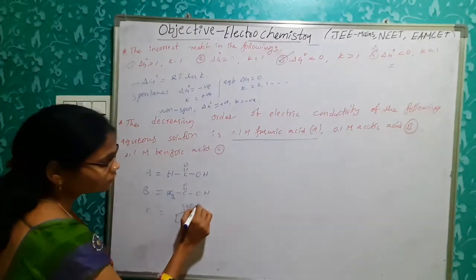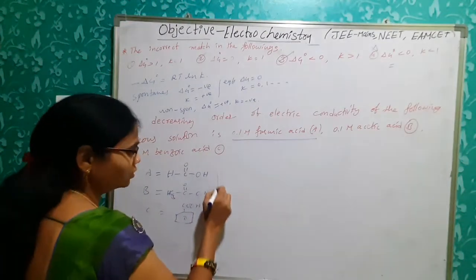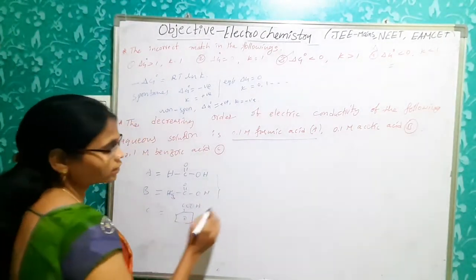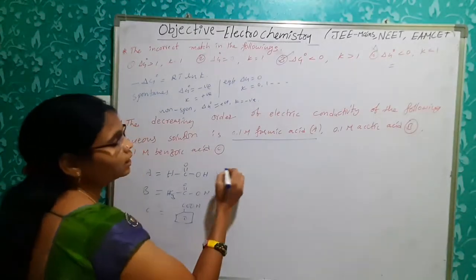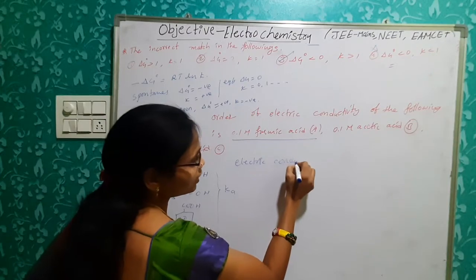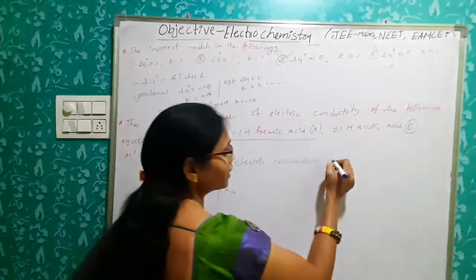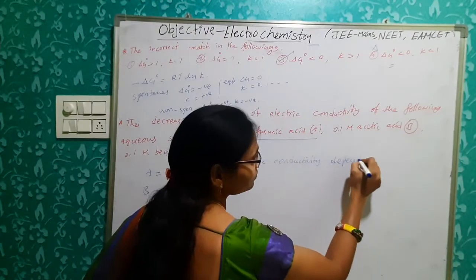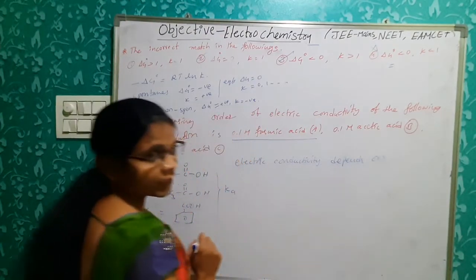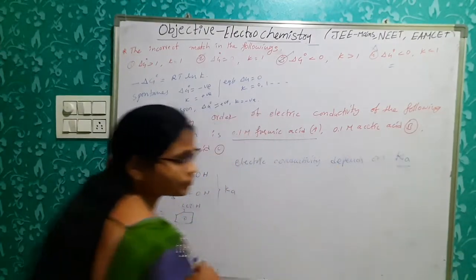Okay. So all concentrations are the same, so you can take the acid dissociation constant. Electric conductivity depends on the acid dissociation constant.